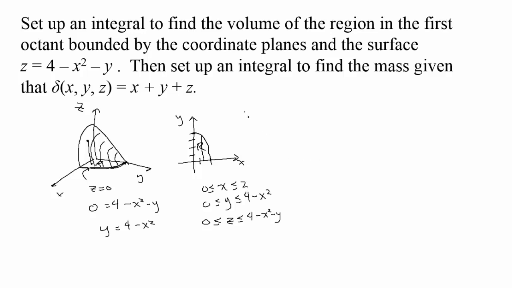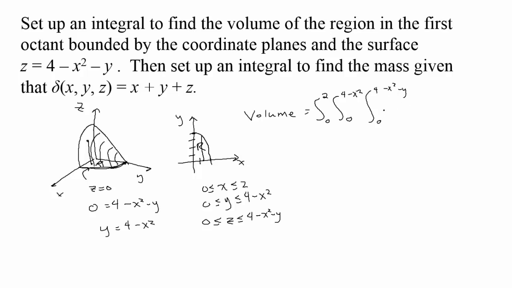So to set up our volume integral, we could just do the integral from 0 to 2, and then inside of that is the integral from 0 to 4 minus x squared. That's the y integral. And then the z integral is 0 to 4 minus x squared minus y.